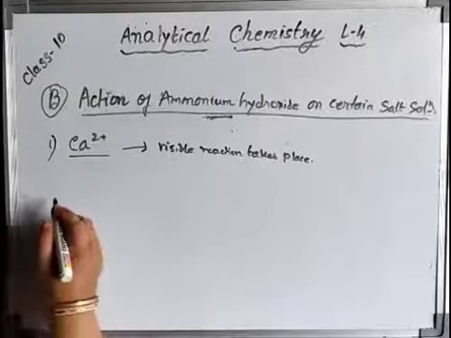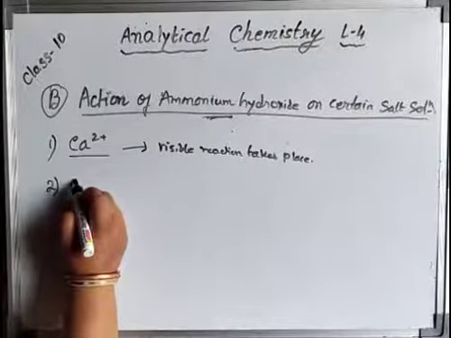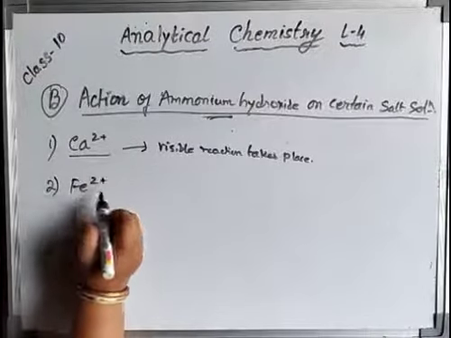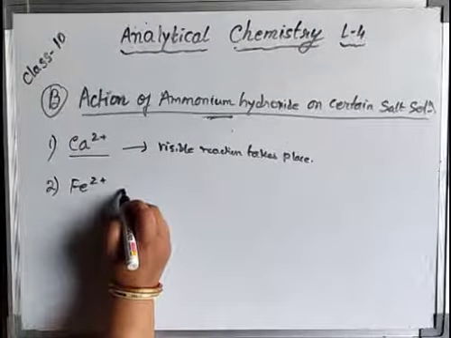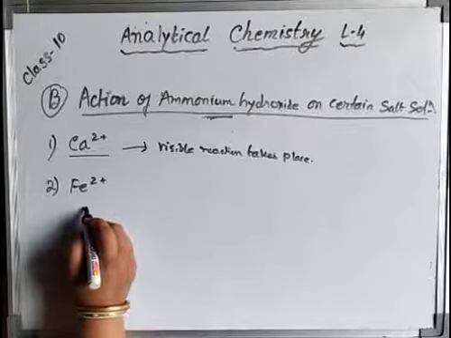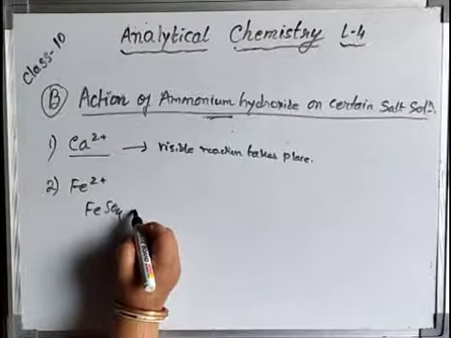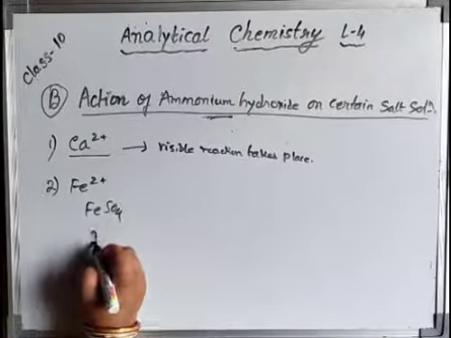Now coming to the next, let us go to iron. You know Fe2+ is there, Fe3+ is also there. Let us discuss first Fe2+. FeSO4, ferrous sulfate, is a green colored salt.